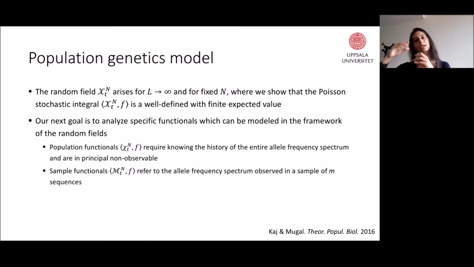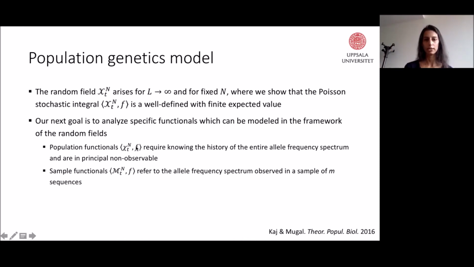We want to investigate, can we, for example, estimate the NDS for closely related species? That's the question we have in our text. So we use these properties to get a well-defined stochastic integral, and then we can choose specific functionals f to derive analytical expressions of our measures of natural selection.